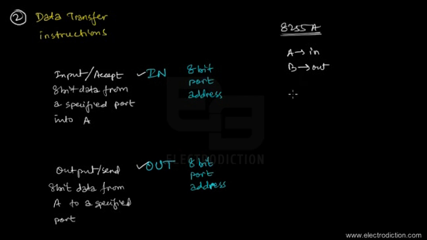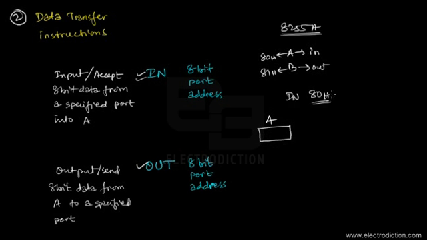If we write the instruction IN, the 8-bit code for port A is 80H, and for B it is 81H. So if we write IN 80H, then the accumulator register is loaded with the data byte that is present at this input port.